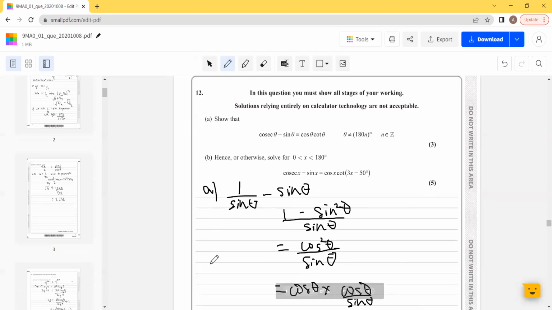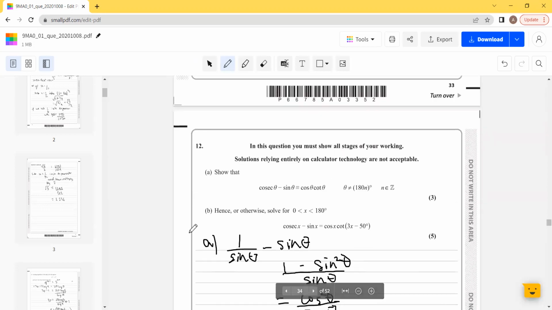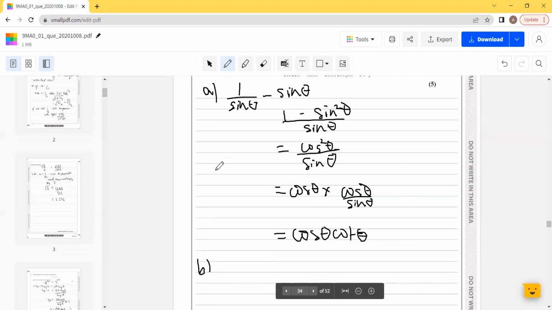Part B, hence or otherwise solve for x. Cosec x minus sine x is cos x cot 3x minus 50.